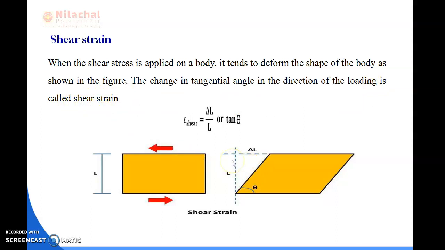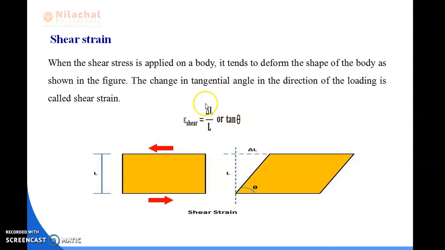Okay, so the change in dimension is delta L and the original dimension is L. So strain equals change in dimension, which in this situation is delta L, divided by original dimension, which in this situation is L. So epsilon shear equals delta L by L. Also, if you find the theta value, you can easily find the shear strain by calculating tan theta.